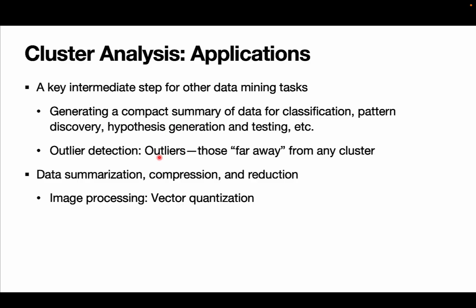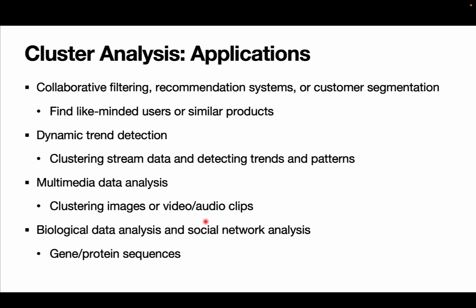It can also be used for outlier detection, because outliers are those points that are far away from any cluster. Another important application is data summarization, compression, and reduction. An example in image processing is a technique called vector quantization, which makes use of clustering to compress an image efficiently.